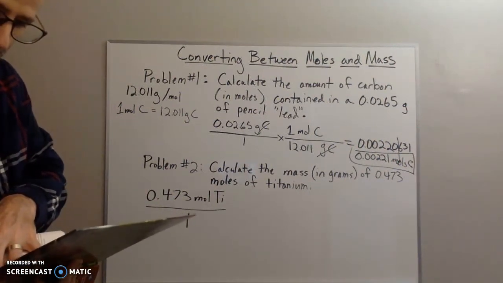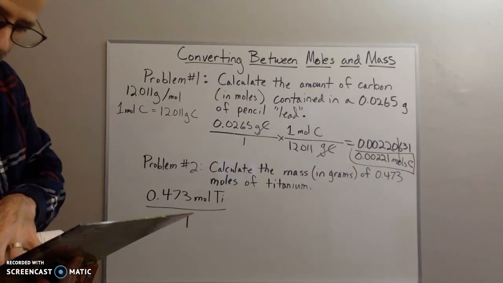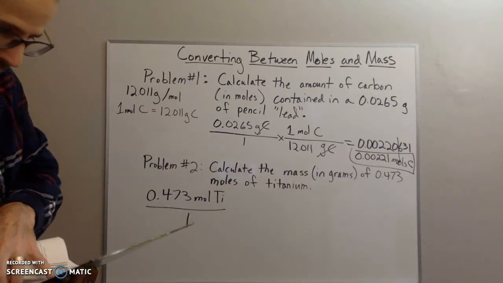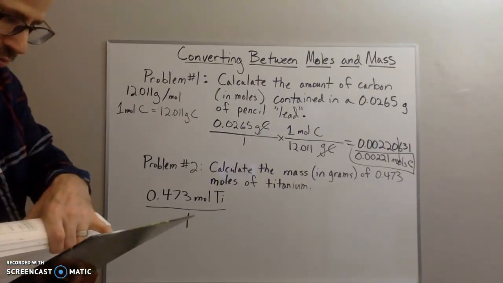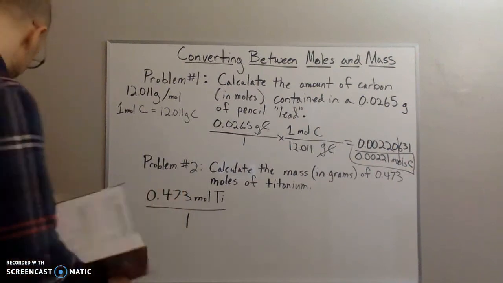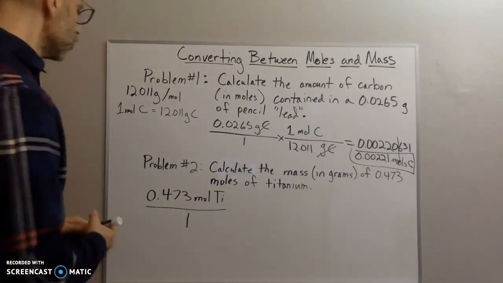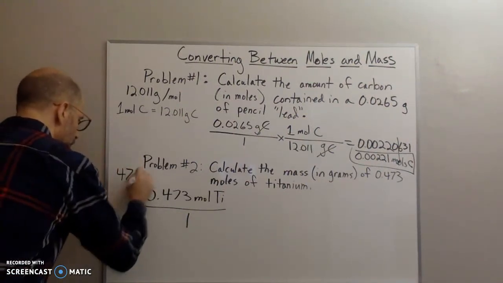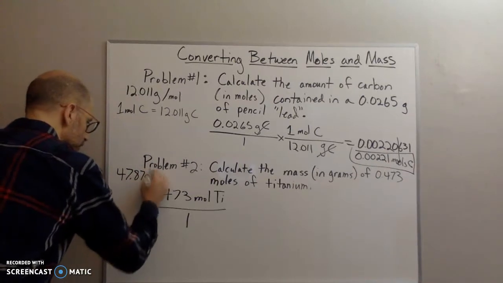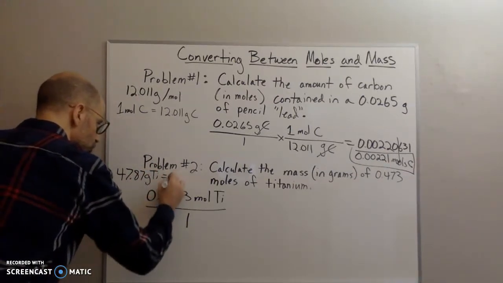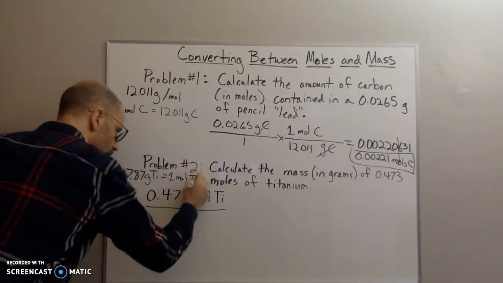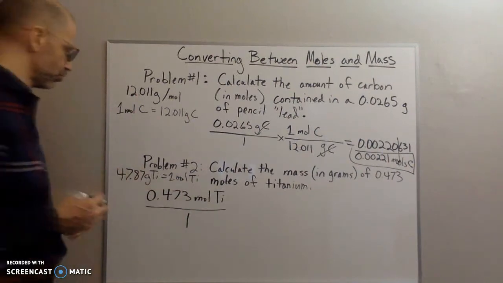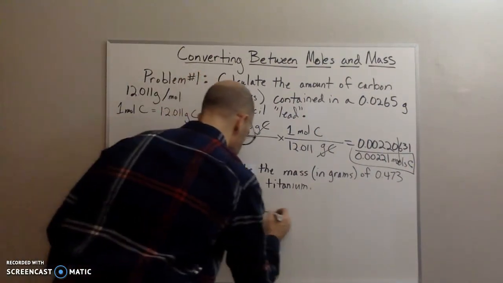Titanium, yes, number 22. It's 47.87. That means that 47.87 grams of titanium is equal to 1 mole of titanium. So there's my equality, and now I can use that as a conversion factor.